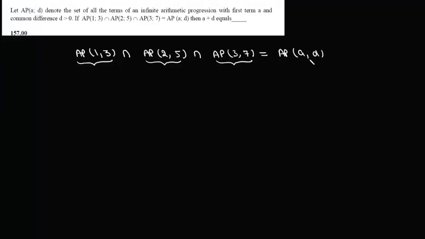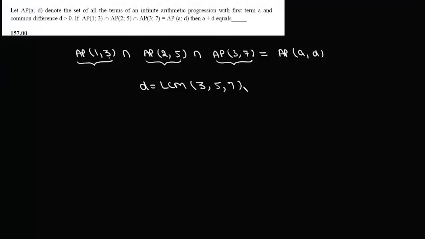In this case we need to find the values of A and D, where A is the first common term and D is their common difference. Now D is simple: the common difference of the common terms of the three series is basically the LCM of the common differences of the three APs. So it will be the LCM of 3, 5 and 7.